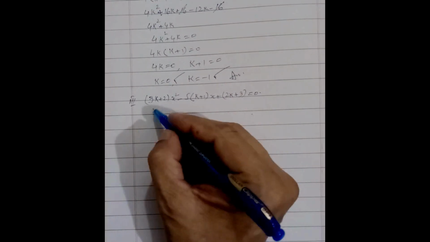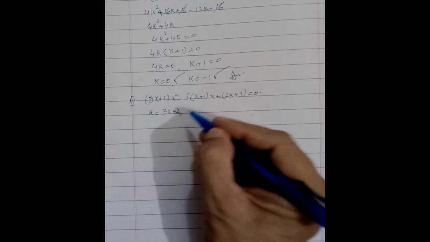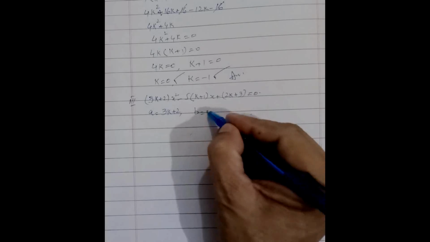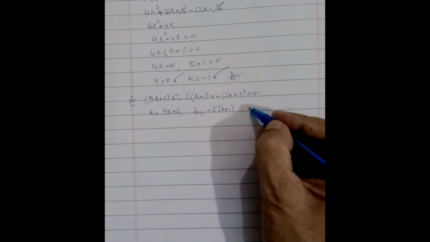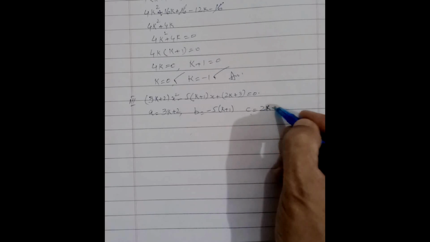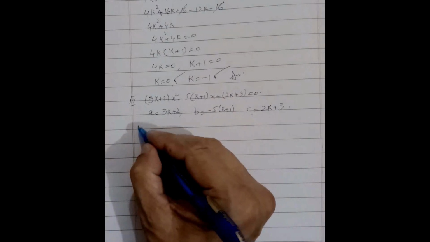Here a is equal to 3k plus 2, b is equal to minus 5 into k plus 1 and c is equal to 2k plus 3. And find the discriminant.